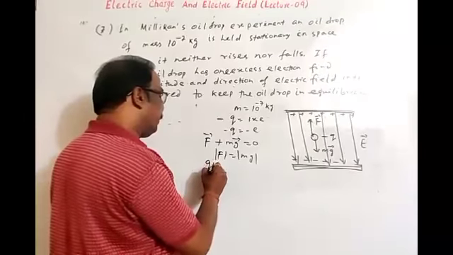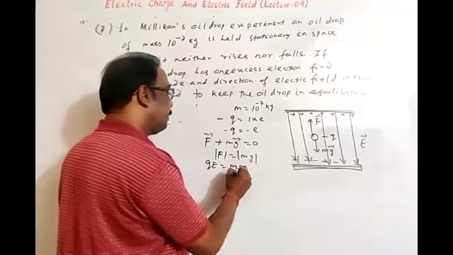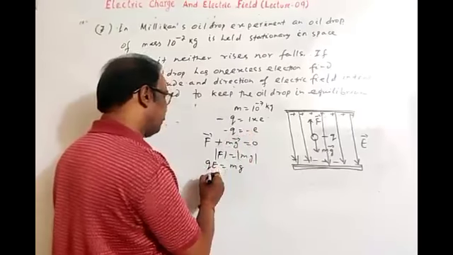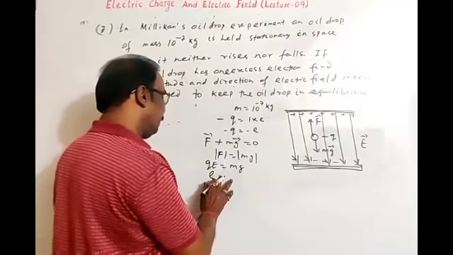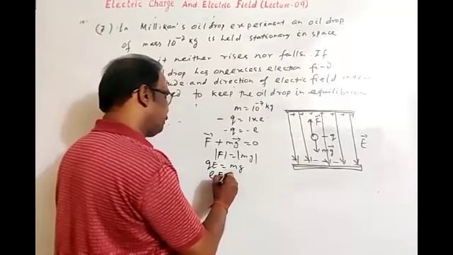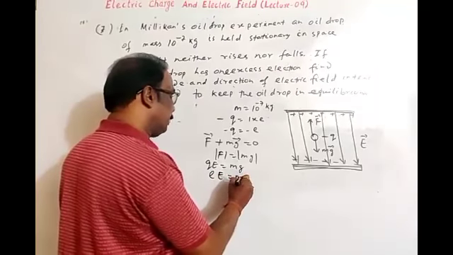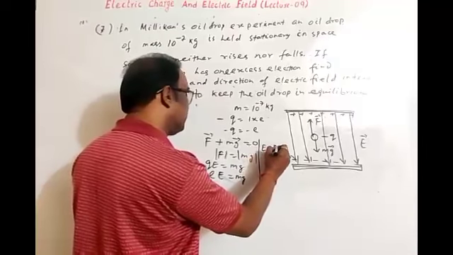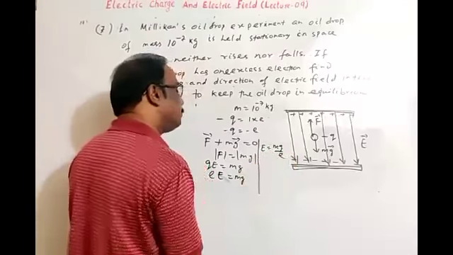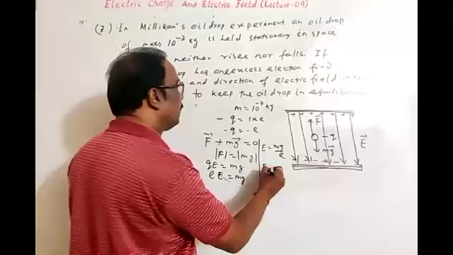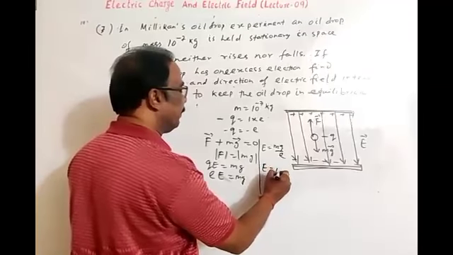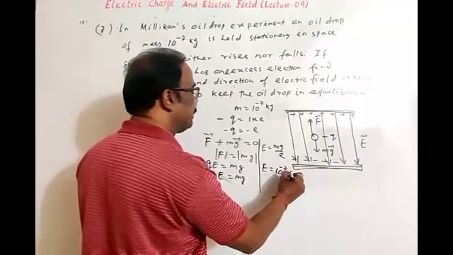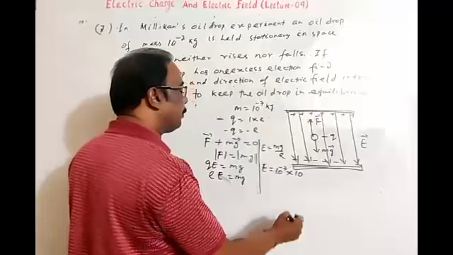Force is QE, where Q is the charge due to a single electron, times the magnitude of electric field, which is equal to mg. It is required to find the magnitude of field intensity, which equals mg divided by the charge of the electron. Mass of the oil drop is given as 10 to the power minus 7 kg, and g we may take as 10 meter per second square.